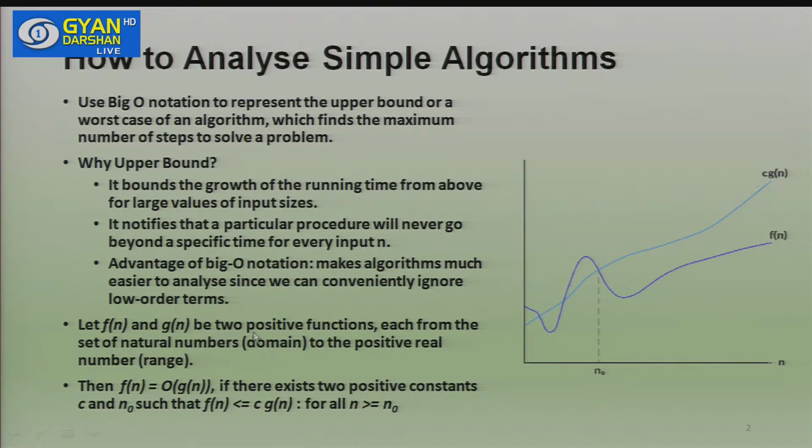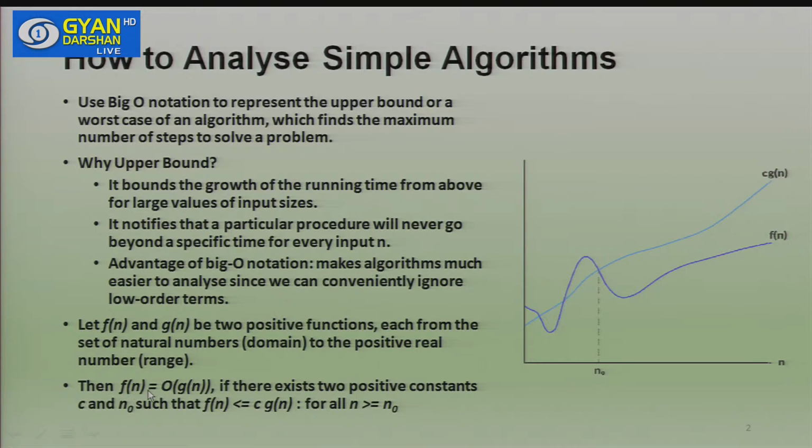These are two positive functions, each from the set of natural numbers as the domain to positive real numbers as the range, right? So n contains the value of natural numbers, and the real numbers are the range, that is the g(n) value or the f(n) value.